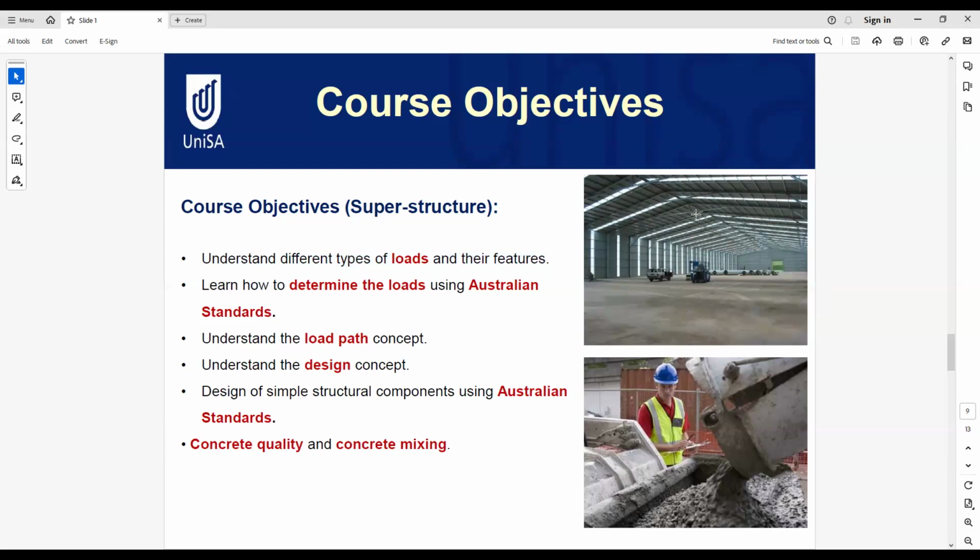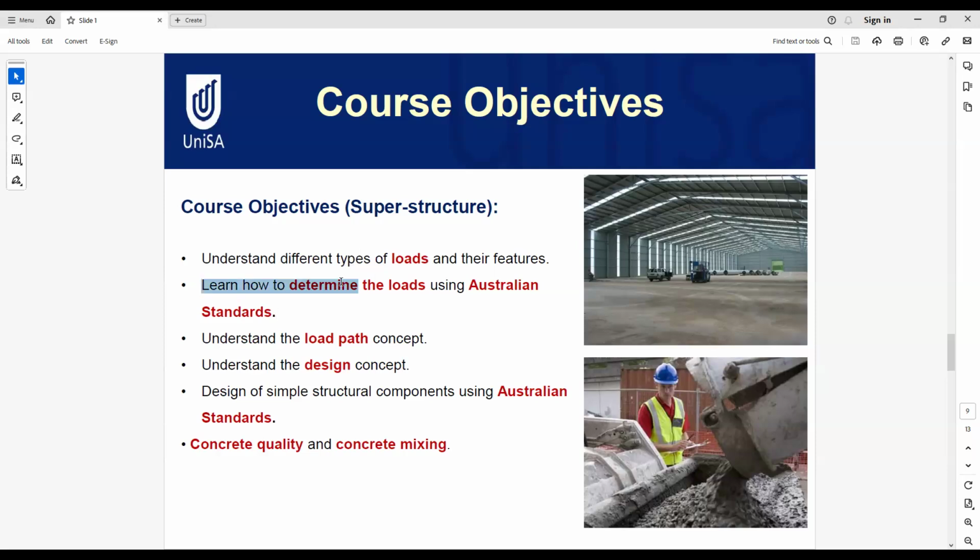As you can see here, we have rafters, roof sheeting, purlins, and columns. So we have columns, beams or rafters, and purlins in the longitudinal direction. And also we have bracing. So we have different members and also different loads, and we need to understand the different types of loads on this structure.